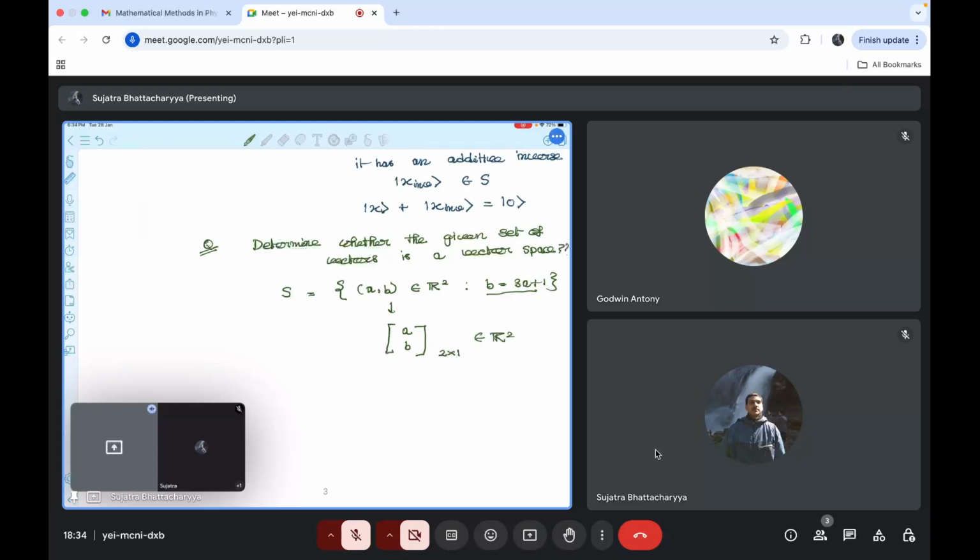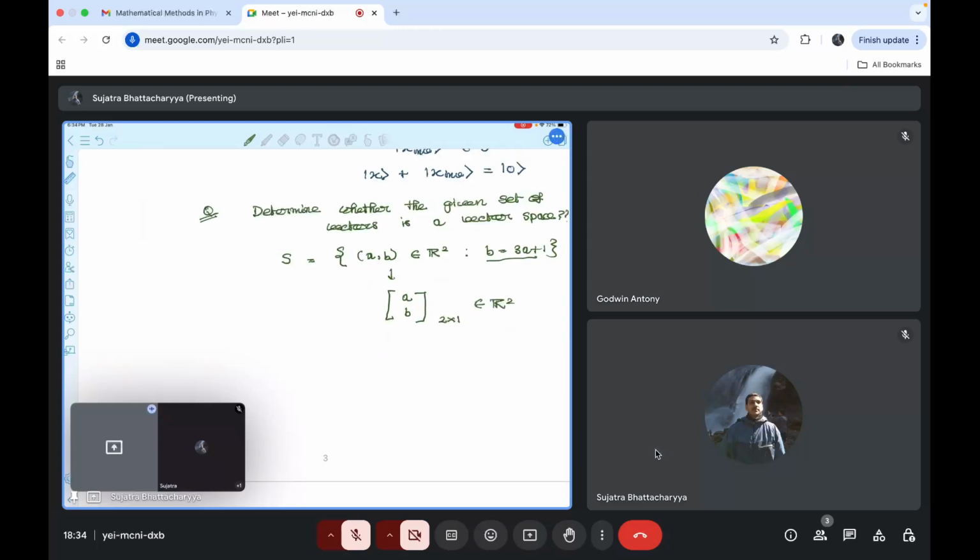I have to state whether this S follows all these four properties or not. If they are following the four properties, great, then it is a vector space. This is what we have to do. So to start with the question, use this relationship. This is important. So now what we will do? Suppose this is A. The second element B, let us write it as 3A plus 1.